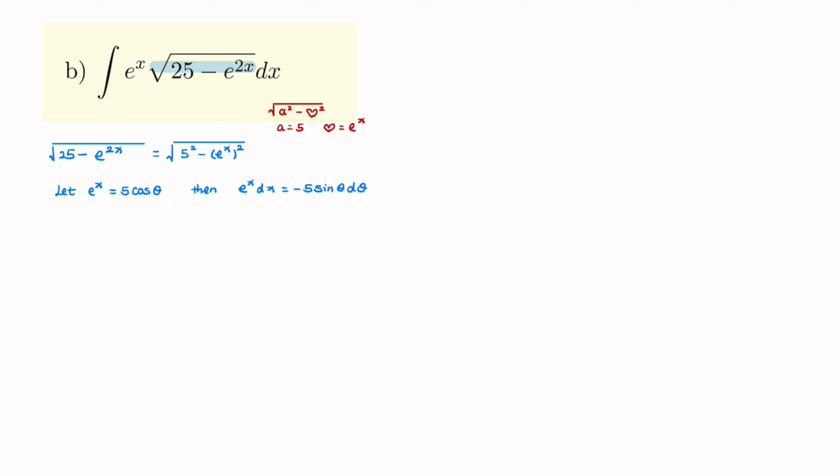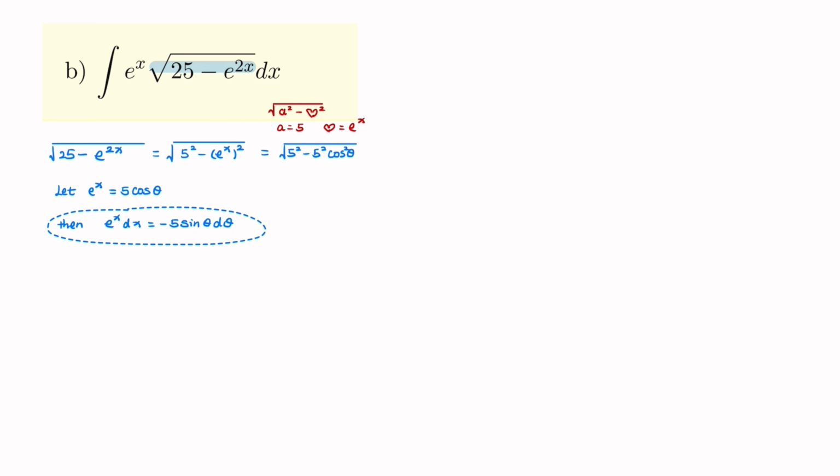Okay, and if we do that, I can rewrite the original as square root of 5 squared minus 5 squared cosine squared theta. Oh, by the way, we'll do theta restriction later. I'll move this here and decide what to do with it later.